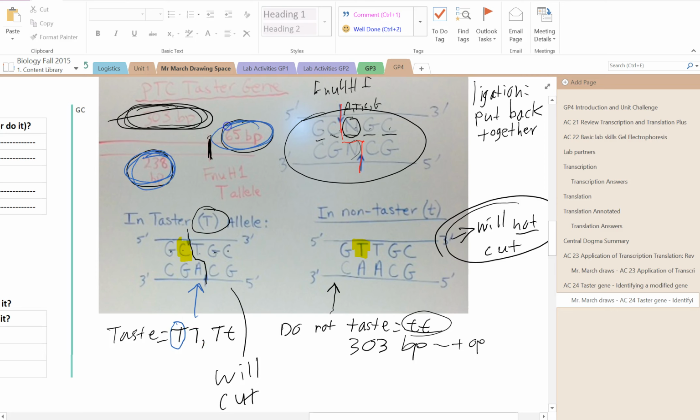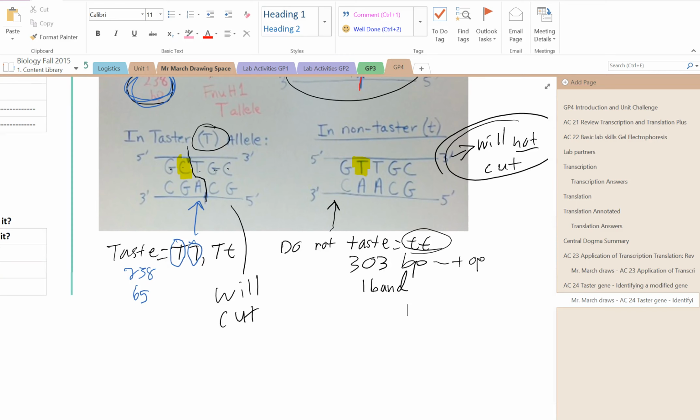You will also get a 238 and a 65. So on your gel, you will see a piece that's 238, and you'll see a piece that runs down a little bit lower, that's 65. So you will only see 2 bands. So homozygous recessive people will see 1 band. Homozygous dominant people should see 2 bands.